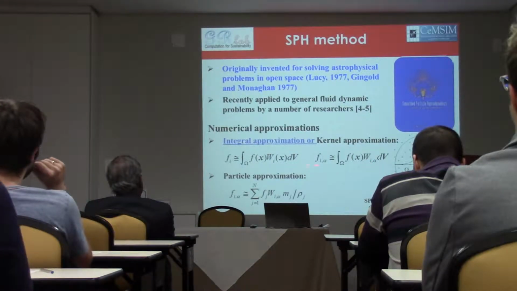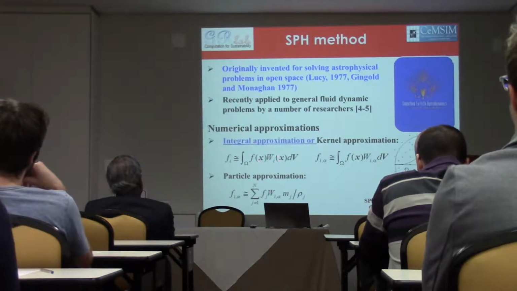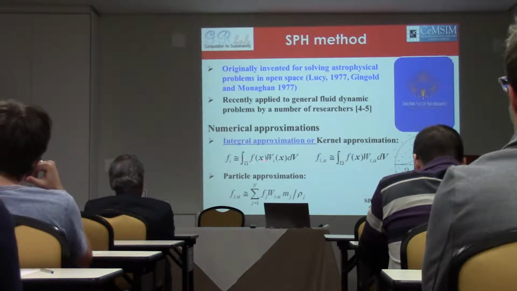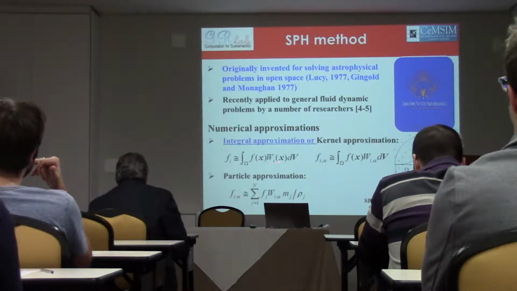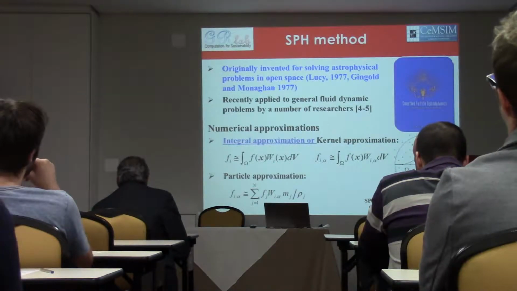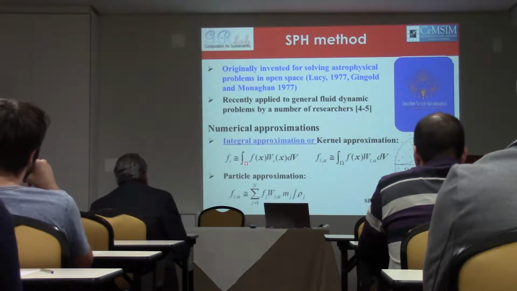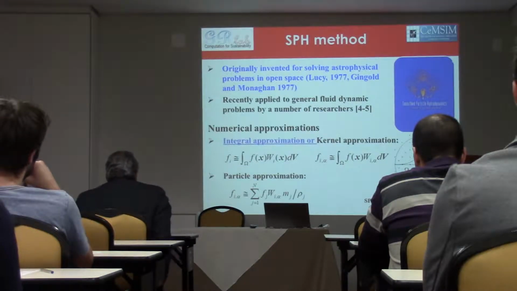So the critical piece of the technique is basically, if I have a function like this and want to approximate this function, I multiply by a weight function, and the weight function is something like this, a bell shape, and I perform an integration in a local smoothing domain.